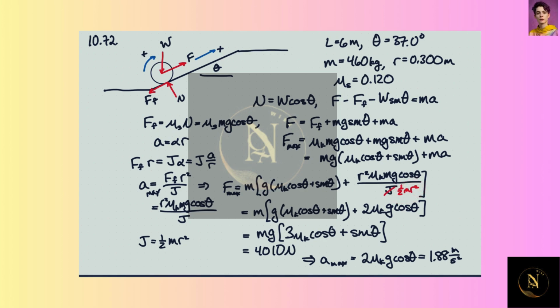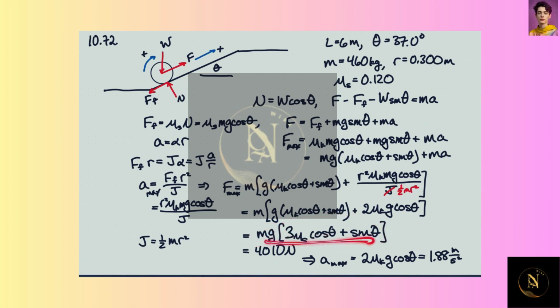So after we do some algebra here, we get mg, okay, so this is the weight, times this factor here, 3 times the static coefficient of friction, not kinetic, times cosine of theta plus sine of theta. So that's kind of the reduced, you can think about it as, the weight factored by this.